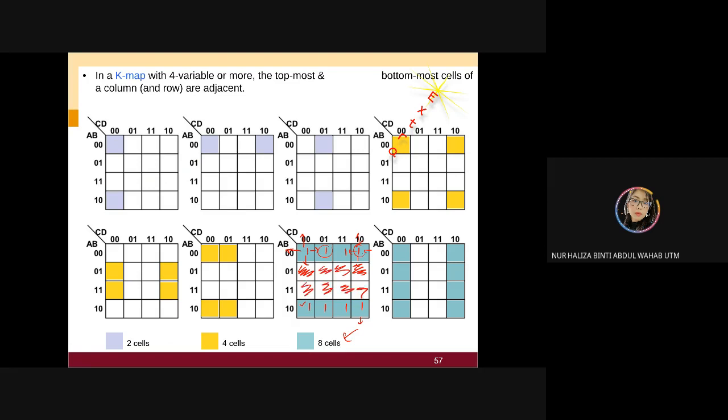So you can see all the 1s are adjacent to each other, which is bersebelahan antara satu sama lain. So I can draw my circle here like this.